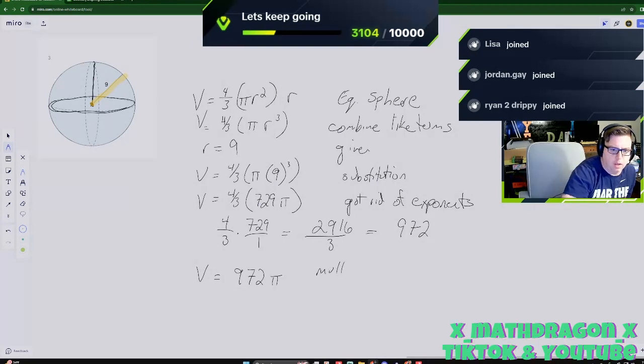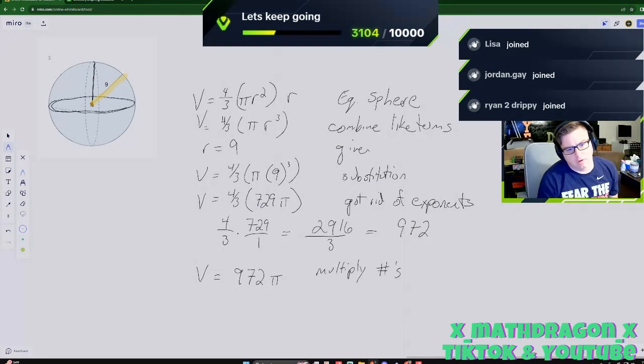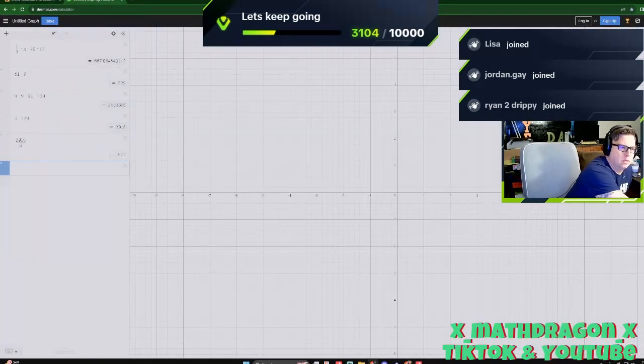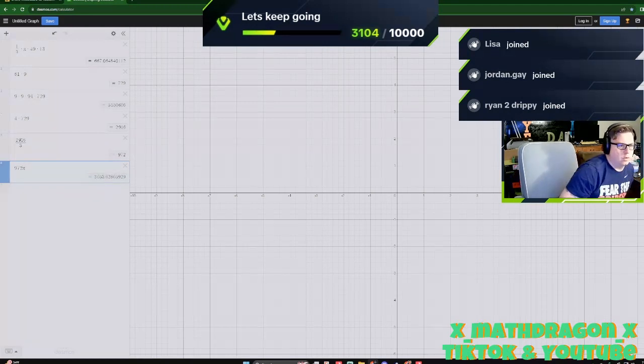So multiply the numbers together. And now we're going to simplify with pi. So we can do 972 pi, which is 3053.6.